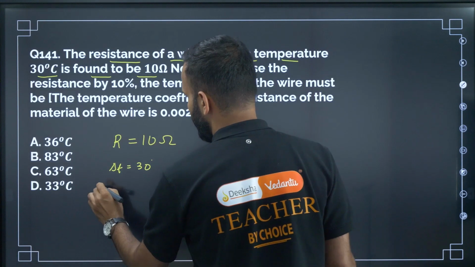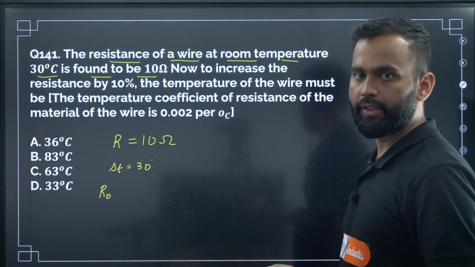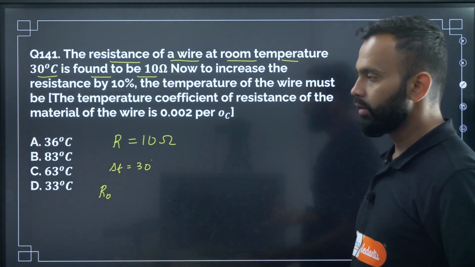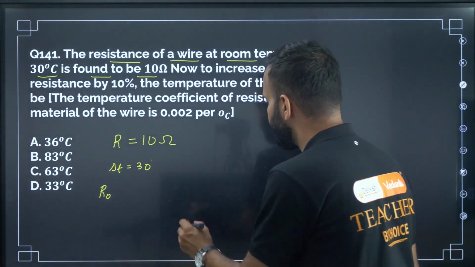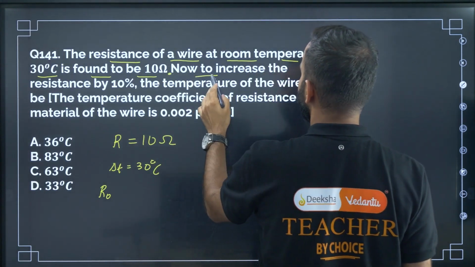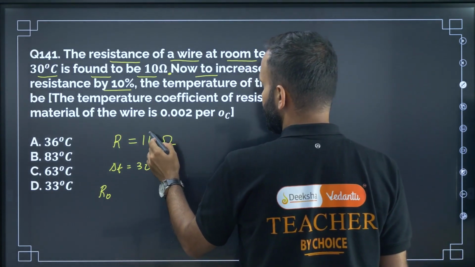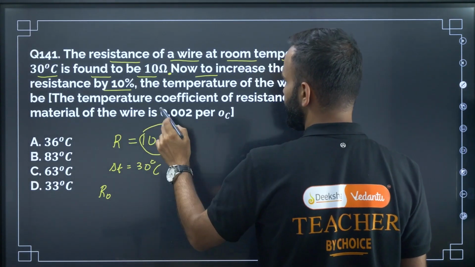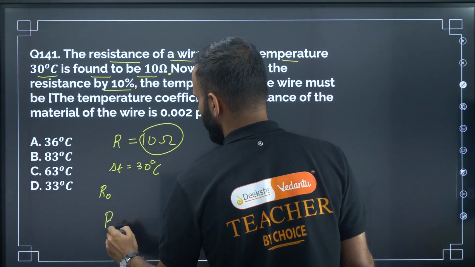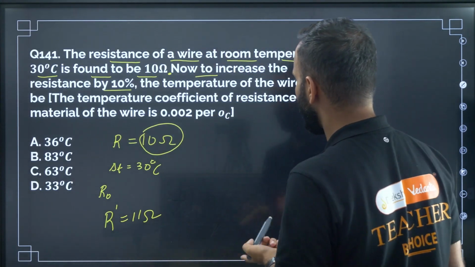R naught is the resistance of the wire at a reference temperature, so delta T is 30 degrees Celsius minus the reference temperature. Now to increase the resistance by 10%, what is 10% of 10 ohm? 1 ohm, right? So R dash is equal to 10 plus 1, that is 11 ohm.